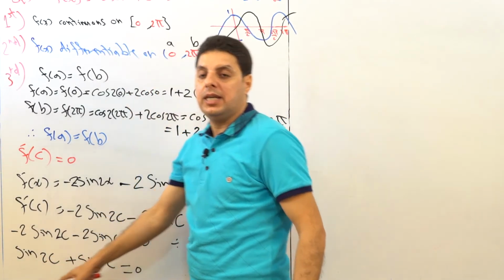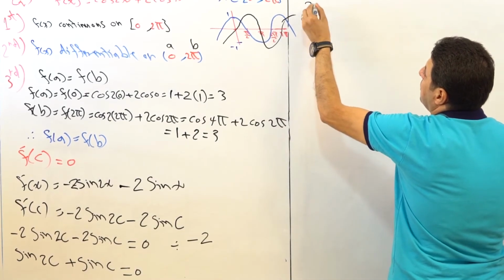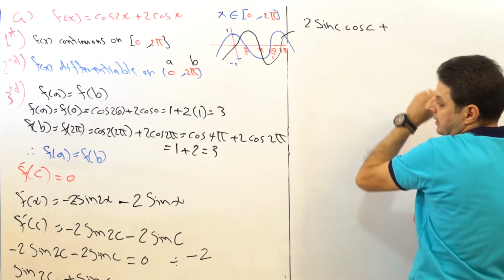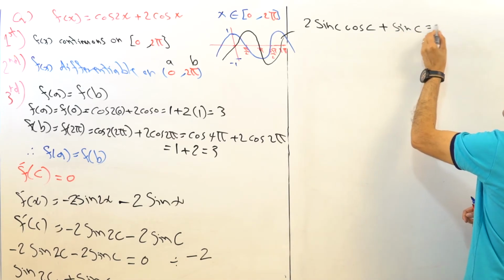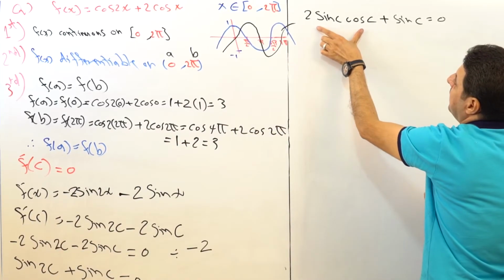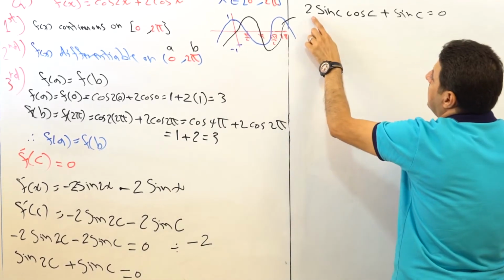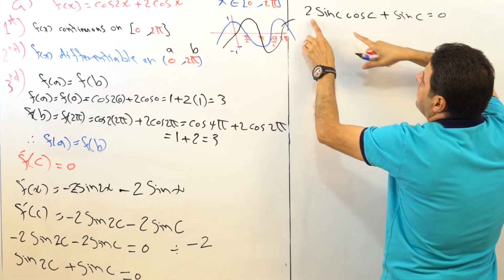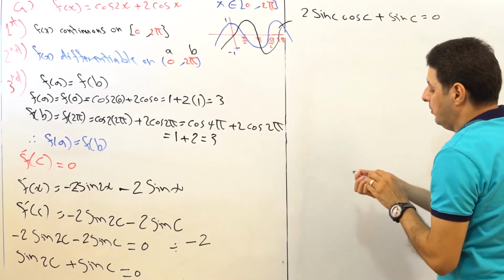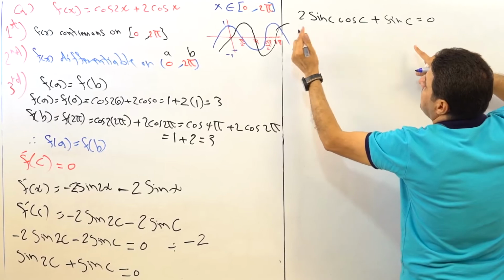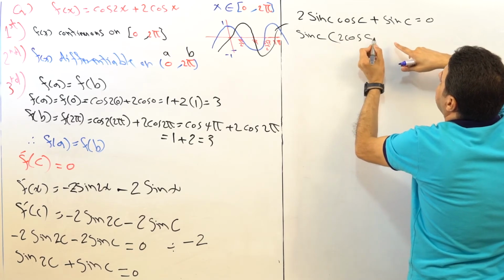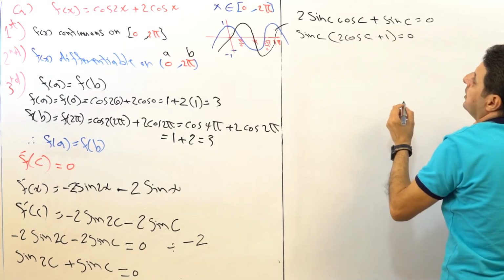Sine 2c I can write as 2 sine c cosine c, plus sine c equals 0. This is the rule for sine 2x, an identity we took in the fifth preparatory class. By using the greatest common factor, sine c, what remains is 2 cosine c plus 1 equals 0.